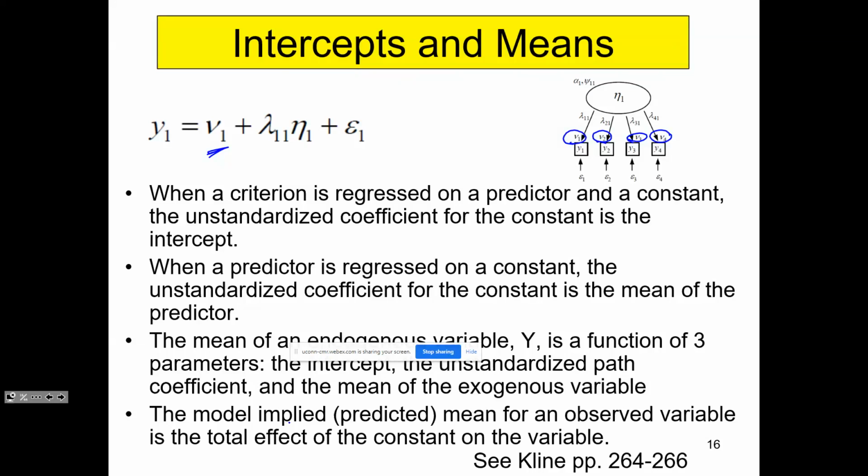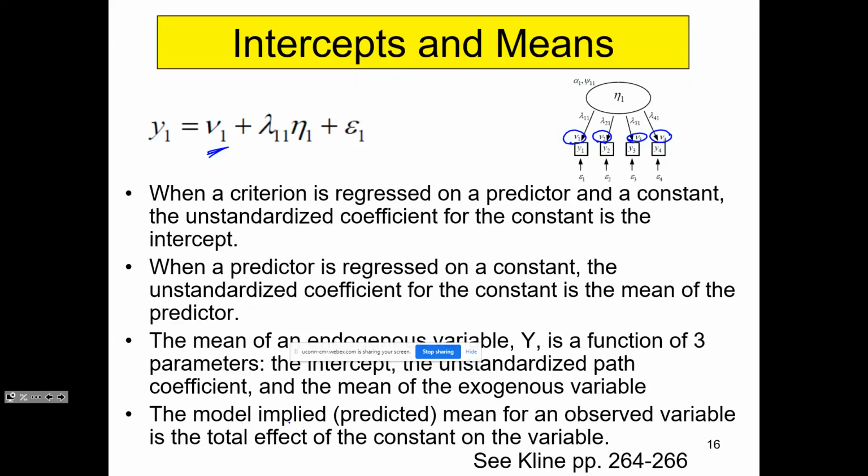How many pieces of information do I have about means? If I have 4 observed variables, imagine my variance covariance matrix is a 4 by 4. I've got 4 variances, and however many covariances, like 6 covariances.